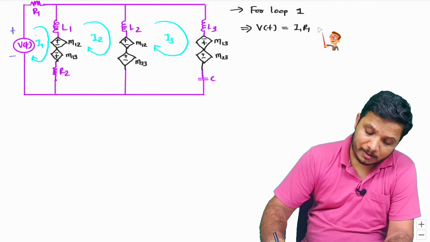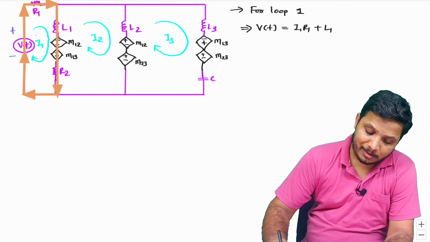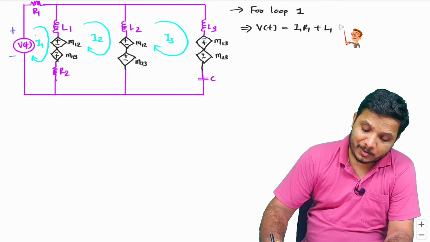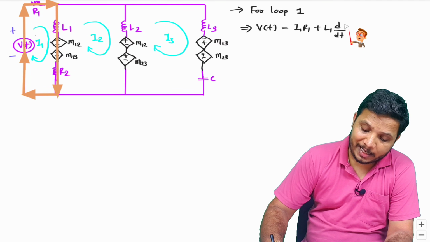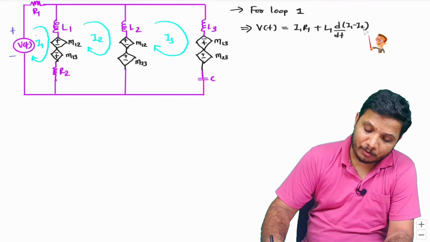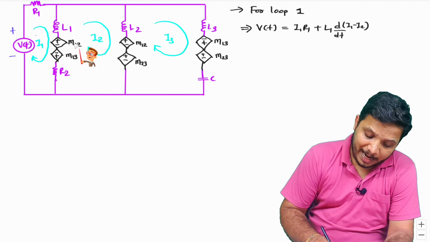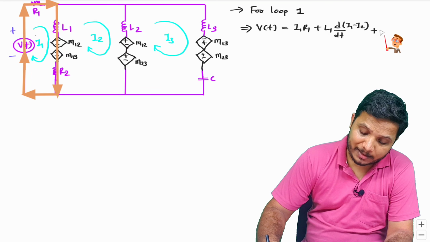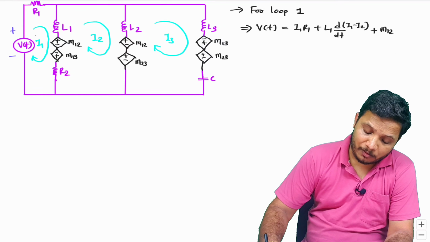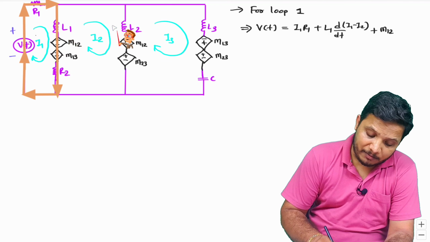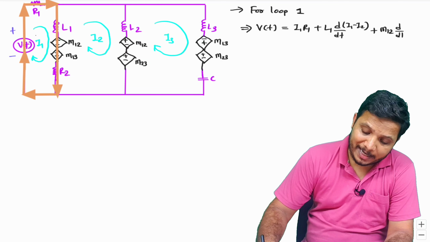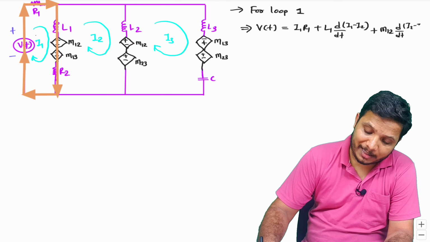Then L1 comes, so plus L1, and through L1 the current is I1 minus I2 due to loop 1, so I need to write d/dt of (I1 minus I2). After that M12 comes and polarity is plus, so I need to write plus M12 between 1 and 2, and through 2 the current is I2 minus I3, so I need to write d/dt of (I2 minus I3).